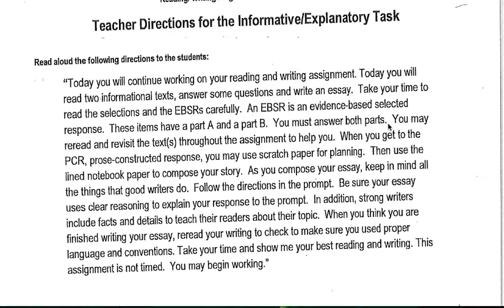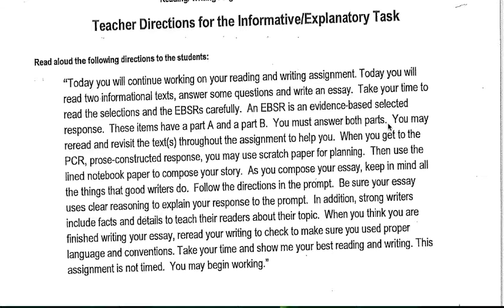As you compose your essay, keep in mind all the things that good writers do. Follow the instructions in the prompt. Be sure your essay uses clear reasoning to explain your response to the prompt. In addition, strong writers always include facts and details to teach their readers about their topic.